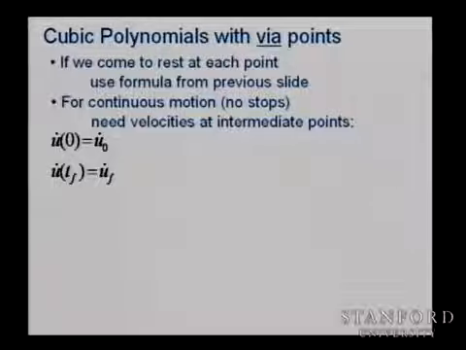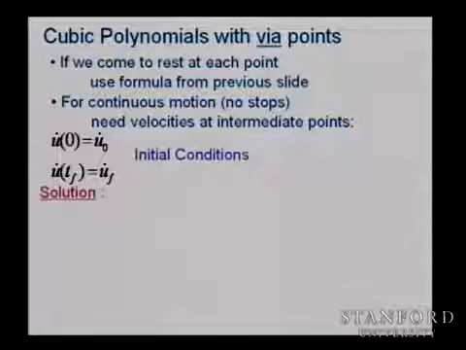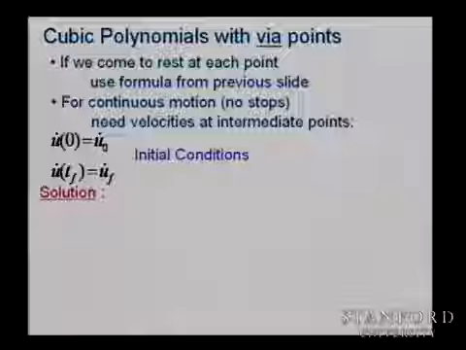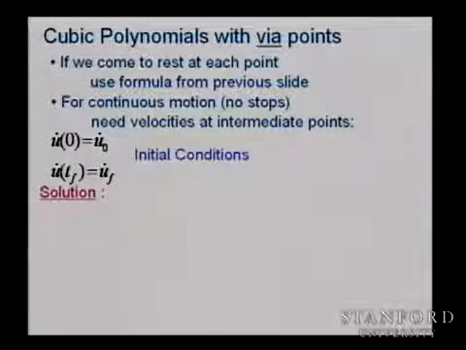Let's assume for a second that those are given. We'll see later how to deal with that. So those will be added to the initial conditions. We'll have the position at the beginning, the position at the end, the velocity at the beginning, the velocity at the end. 4 conditions, 4 parameters, a0, a1, a2, a3. Again, linear equations.